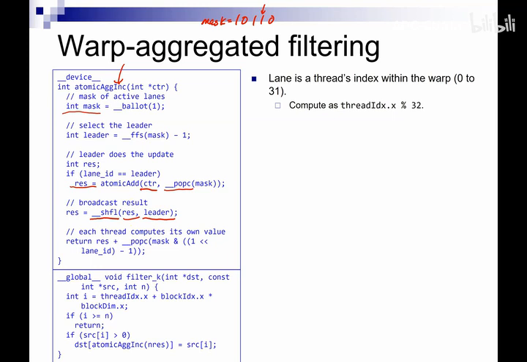And the final thing that we need to do is, after all of the threads in the warp know the old counter, the old offset, they need to add their value into the offset.